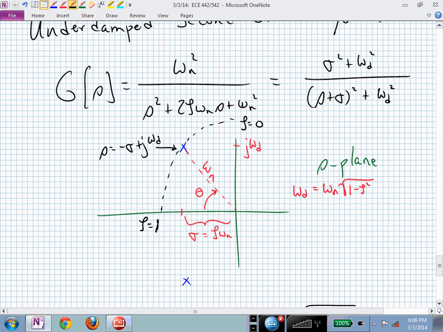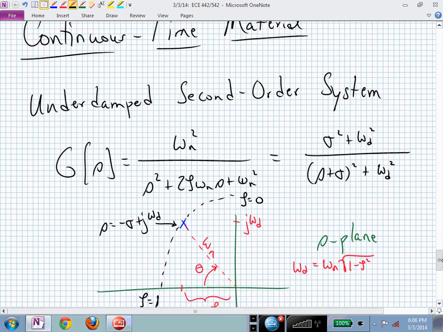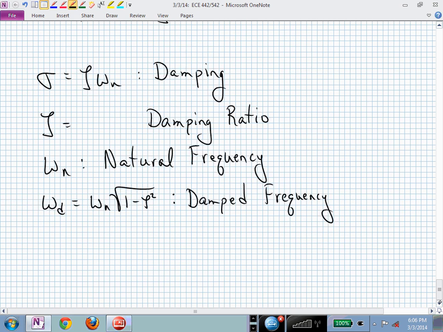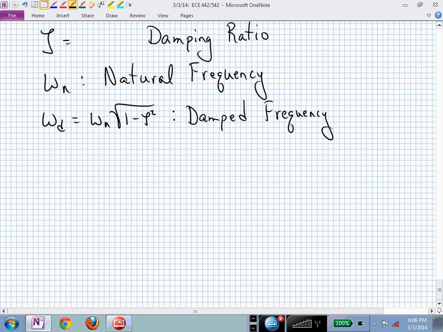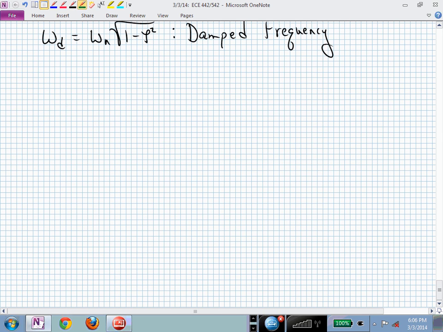Now, for that, this is now our second order system. We want to apply a step to that, 1 over s, a unit step, and generate our step response.